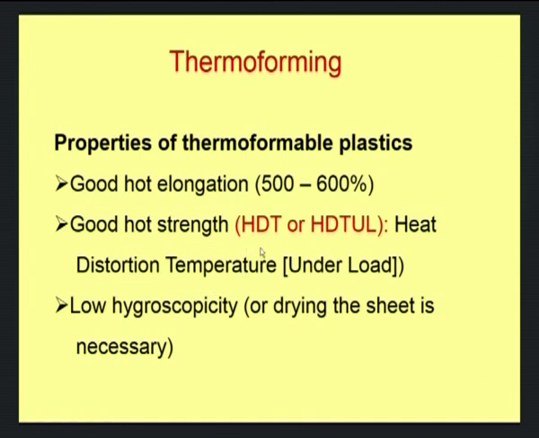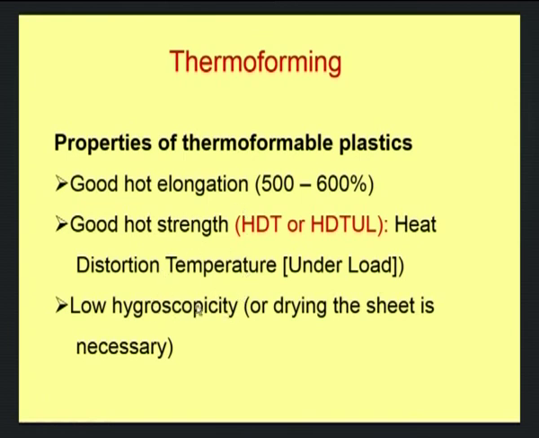Heat distortion temperature is the temperature at which the material does not deteriorate at a rated temperature. So, this HDT value, when it is not under load or when it is under load, should be high, because the material is subjected to high vacuum or high pressure inside the mold when it is at hot conditions. So, the material should not distort.